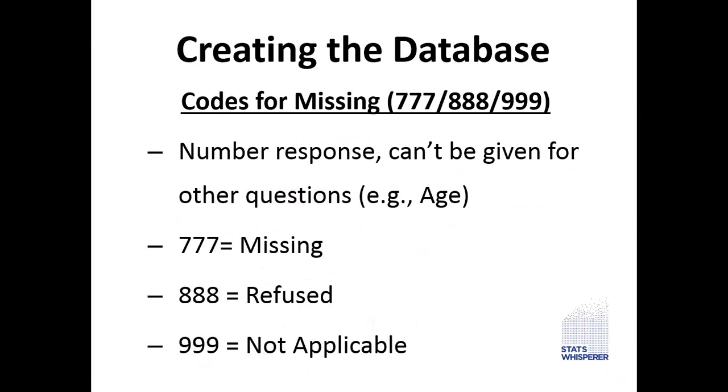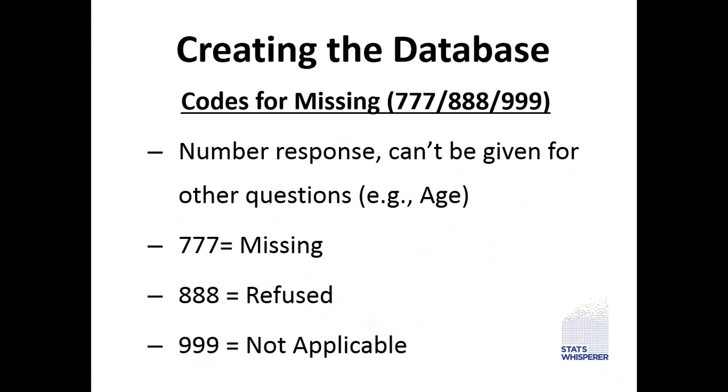If we have age and then we have a missing data point, we don't want to call the missing data point 7 or 77 because that might look like the person's age is 7 or 77. So if we have the variable age and we have a missing data point, we might call it 777 because that's not a likely response to the variable age.